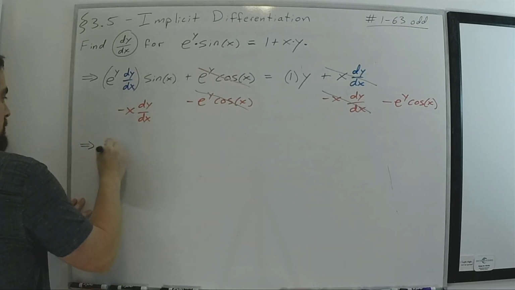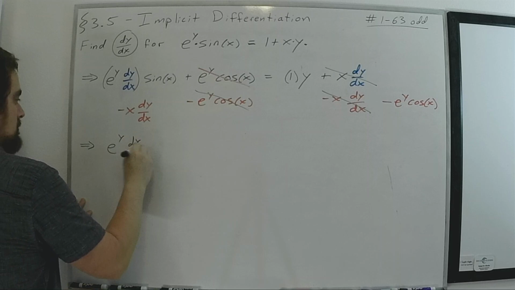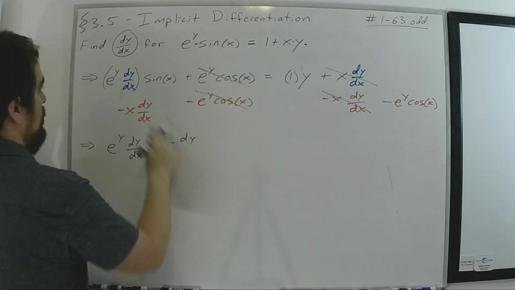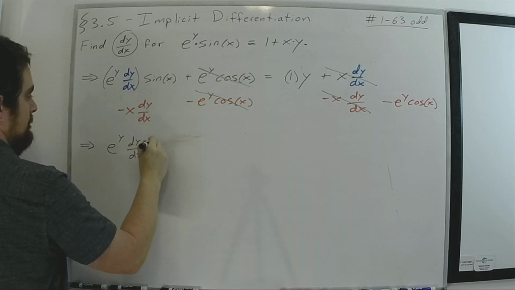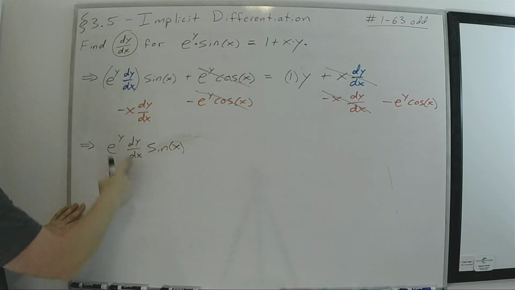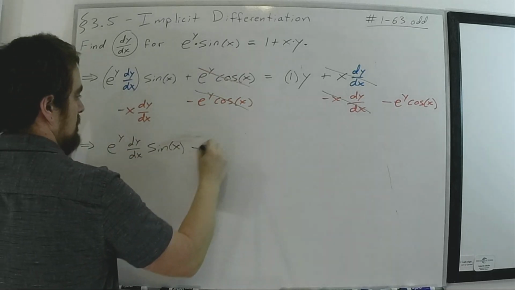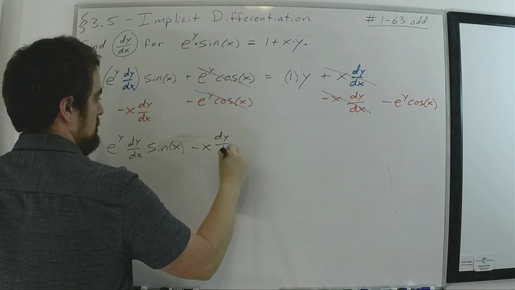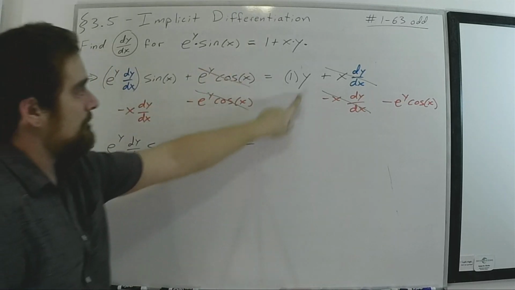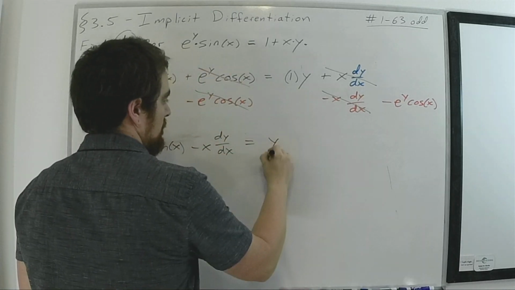Now I'll rewrite it. e to the y, dy dx, minus x. I forgot my sine of x in there. e to the y sine x, dy dx, minus x dy dx. This is gone because it's canceled. On the right-hand side, I still have this one y here, so I'm going to write y.